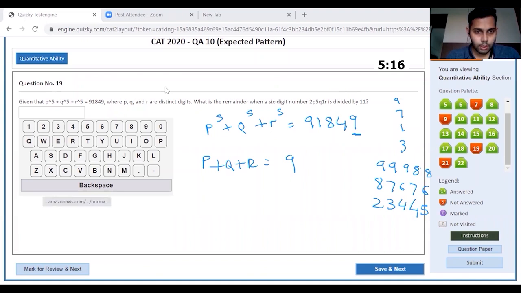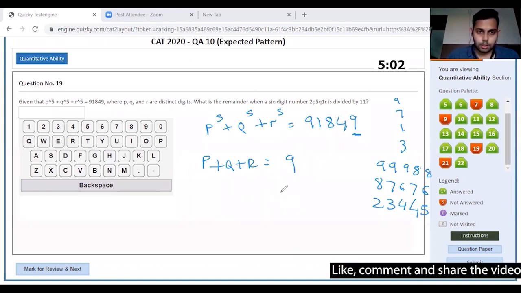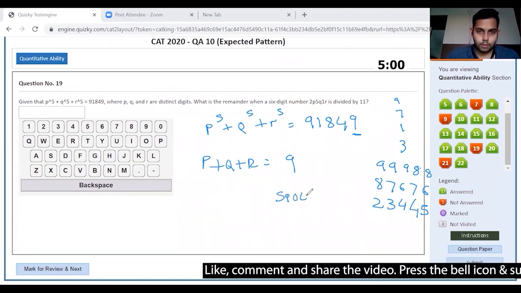Okay, so 9 into 9 into 9 into 9 into 9. It's some 59,000 that is coming up. Okay, let's say 59049.